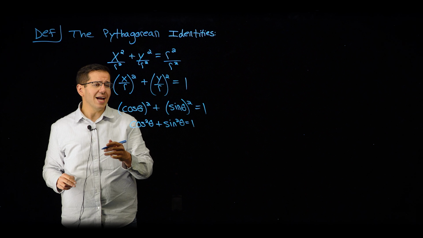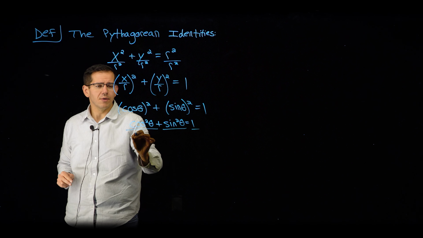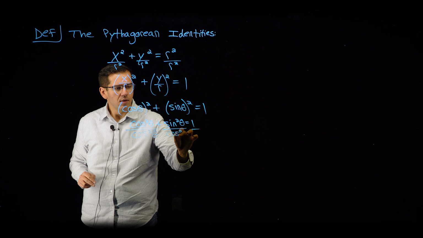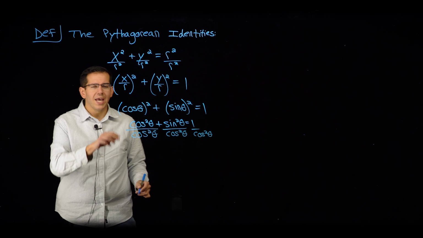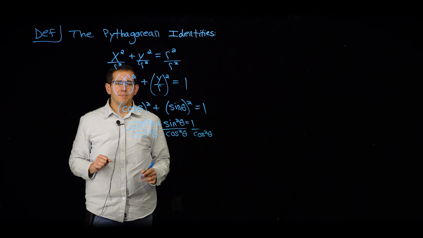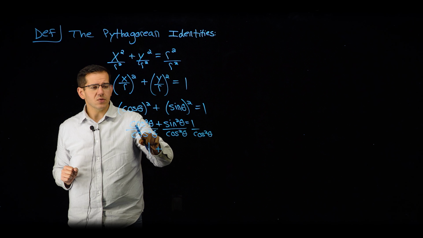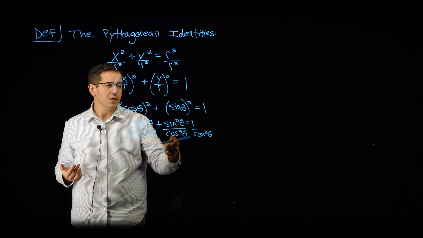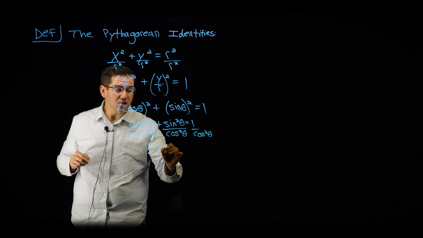If we divide everything by cosine squared in this Pythagorean identity, then we'd get 1, because cosine squared divided by cosine squared is just 1. Anything divided by itself is 1. Sine squared divided by cosine squared would give us tangent squared.